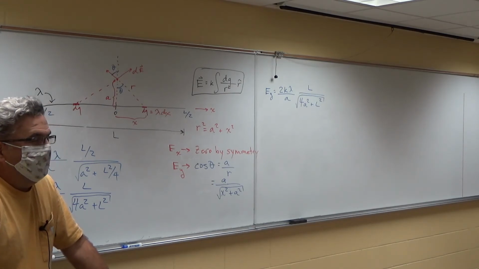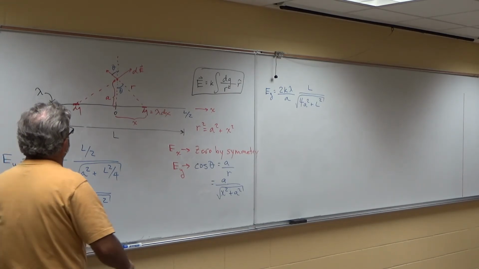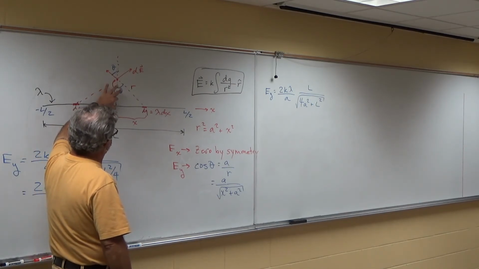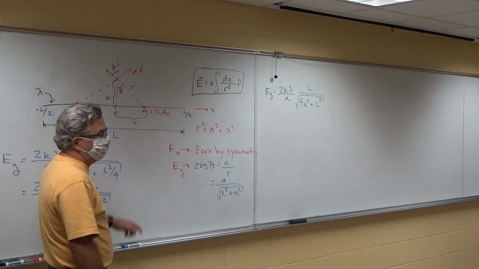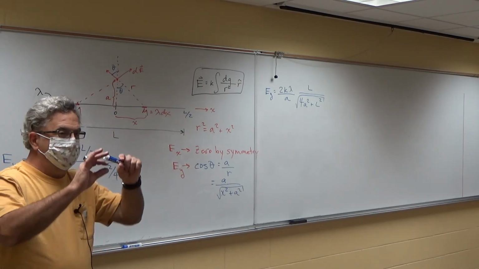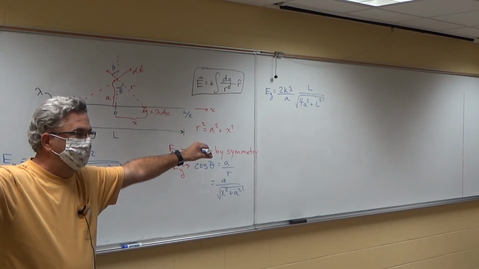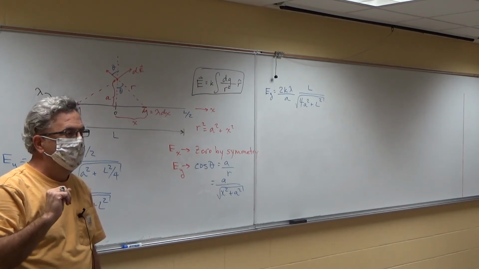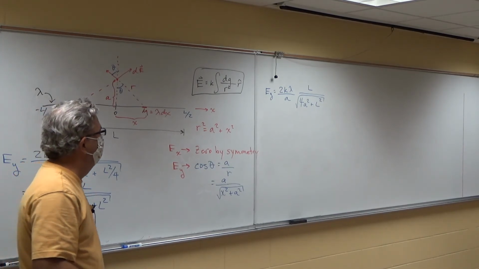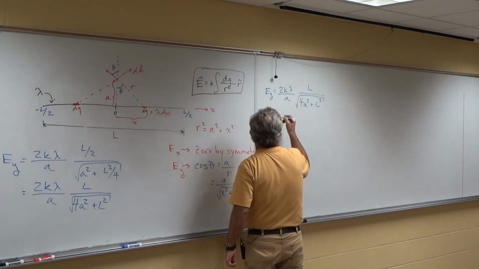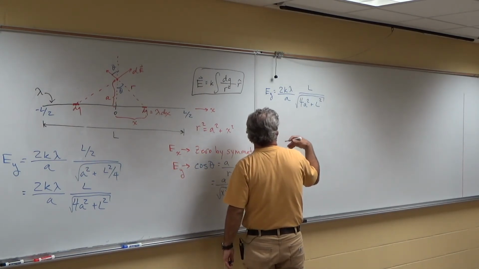Well, oftentimes we do this because you can get a very, very good approximation to the field if you're really, really close to a really, really long wire. So if you have a continuous distribution of charge, very, very long, and you're very close to it, that's a real good approximation.